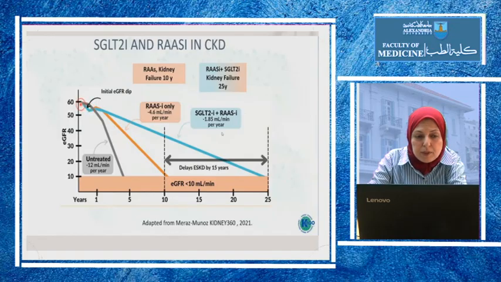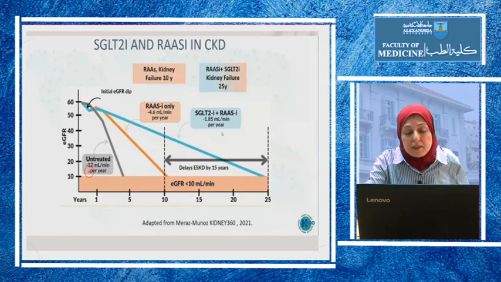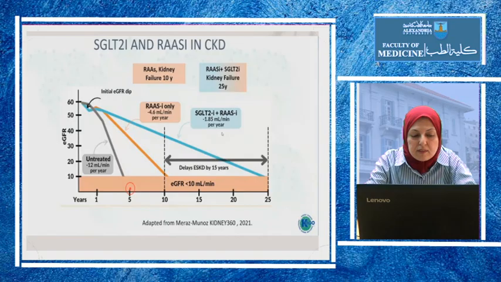Untreated, a patient with diabetes and chronic kidney disease who has a GFR of 60 will have a reduction in GFR of 12 milliliter per year and will reach end-stage renal disease by 5 years after decline of the GFR below 60.